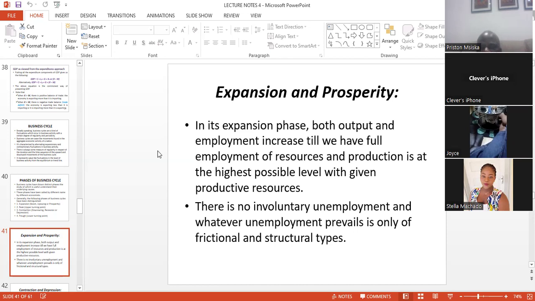Let me define those. Frictional unemployment occurs naturally because some people have chosen not to be employed. For example, a mother may decide to take maternity leave because she has just given birth.